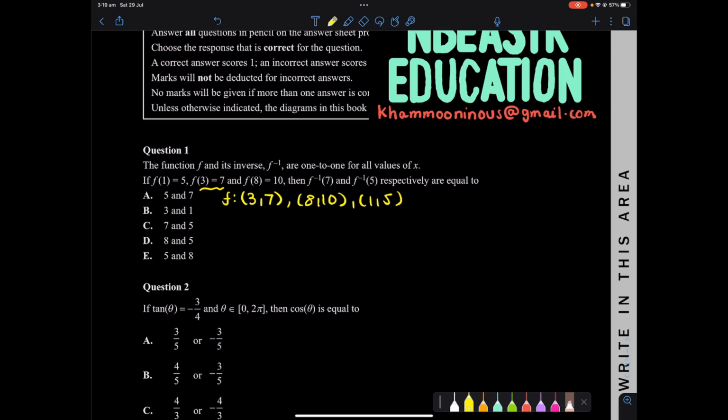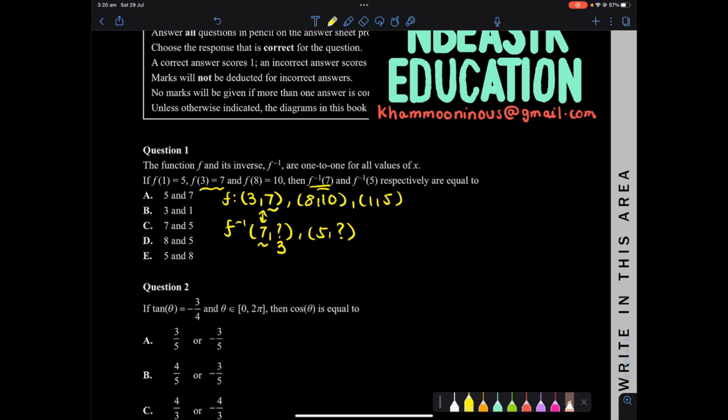Now what we want to find is the inverse, so f inverse of 7 is something that we don't know, and f inverse of 5 is something that we don't know. Now, you remember how they get swapped? If they got swapped, this x value would have been the y value, which is what's happening over here. So this value must equal 3.